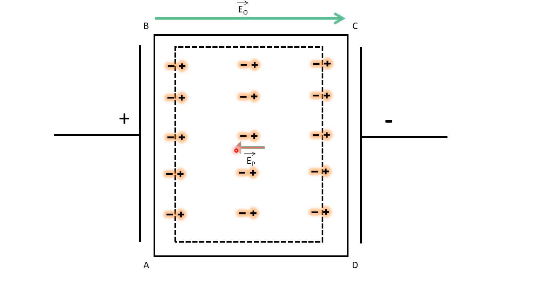So net result is that electric field inside this slab is reduced. This reduced electric field will reduce the potential of these plates. If potential of these capacitor plates is reduced, that can further be charged. So that's why dielectric slab is introduced in between the plates of the capacitor.